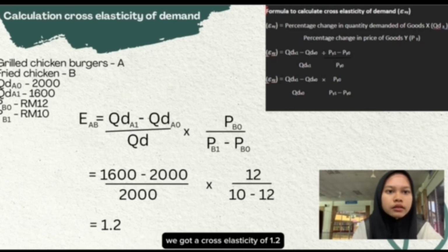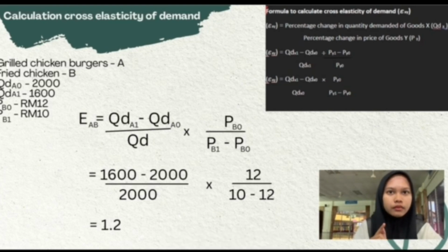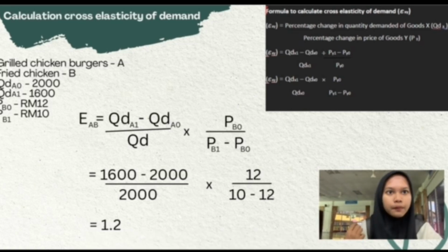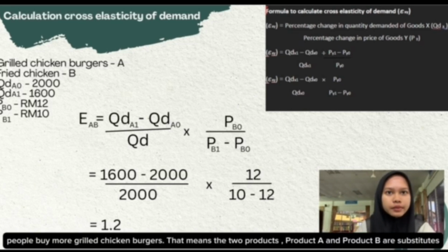We got a cross elasticity of 1.2. This positive value tells us that when the price of fried chicken goes up, people buy more grilled chicken burgers. That means the two products, A and B, are substitutes.